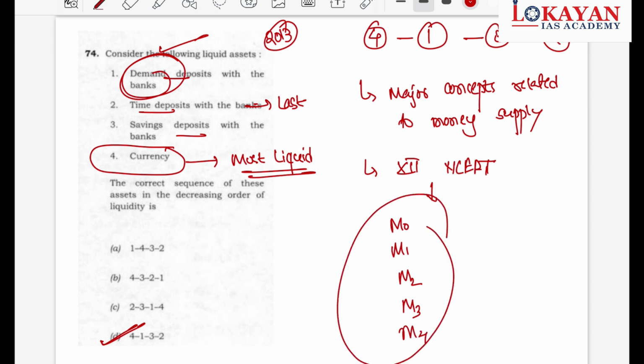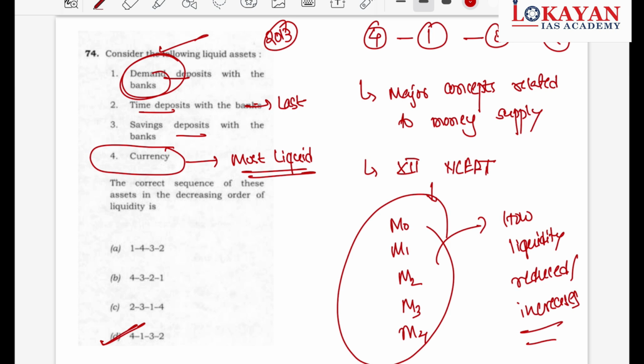You must prepare them, and not just understand their meaning, but also how liquidity reduces or increases from one indicator to another.